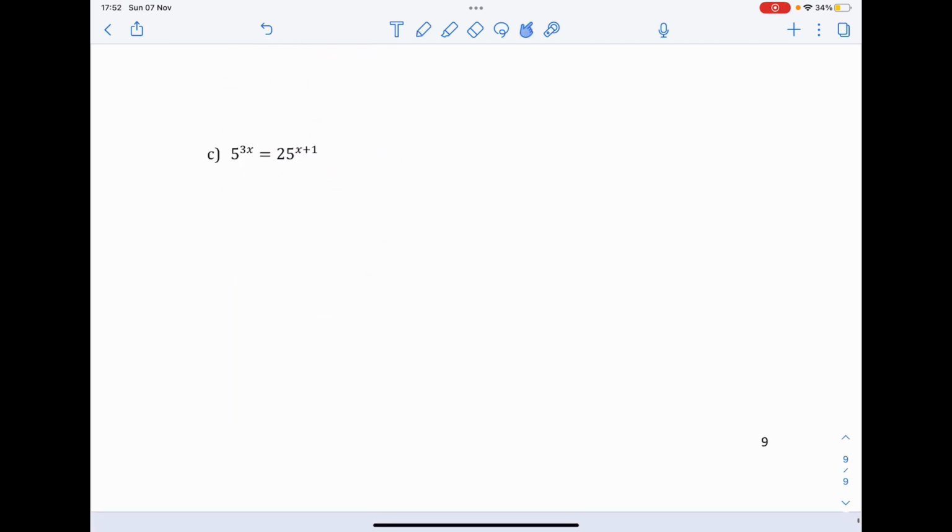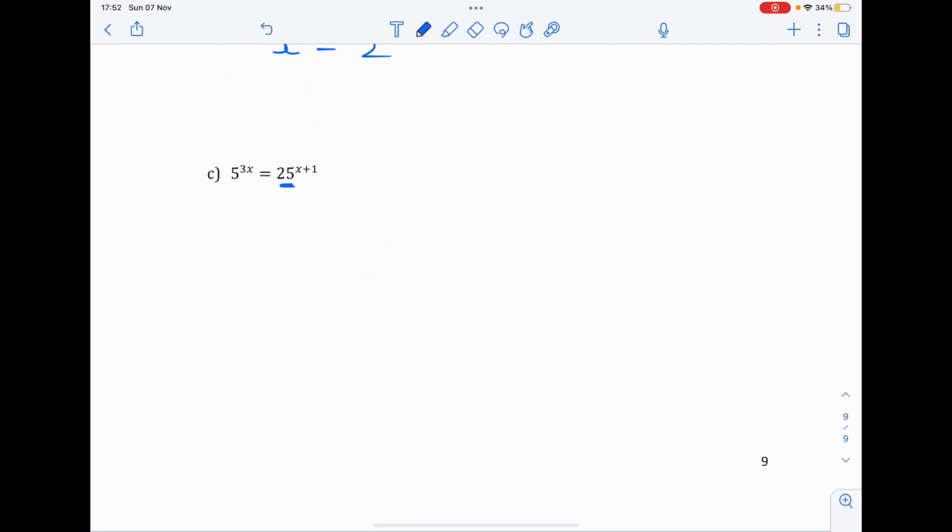Next one. So as soon as you see a number that's not prime factorized, it will usually be a big number. Because we want prime numbers, so we know 25 is not a prime number. So 5 to the 3x, and then we prime factorize 25. So on the calculator, 25 equals, and then shift fact, you should get 5 squared.